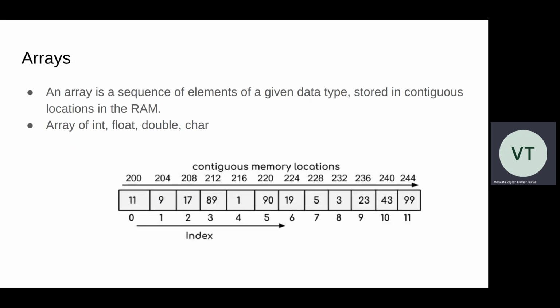what it does, suppose you want to store some 100 characters. Fine, you can declare an array of 100 characters. So it will look for how much memory you need to store 100 characters. Each character is how much? 1 byte. So 100 characters require 100 bytes, right?